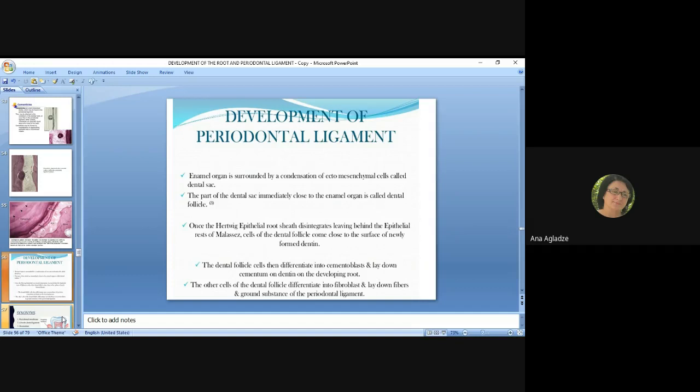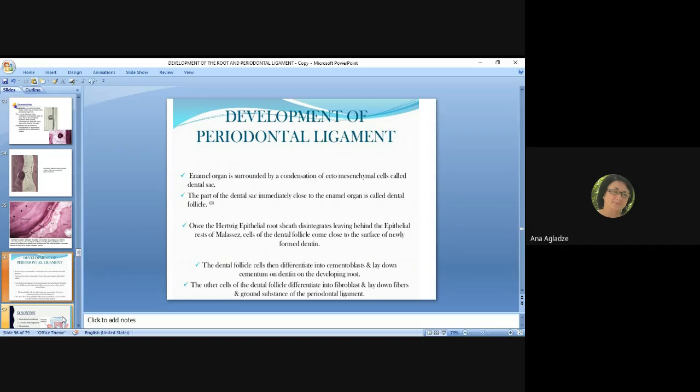Let's discuss how the periodontal ligament develops. The portion of inner cells of the dental follicle is involved in the development of periodontium. As early as the Bell stage of odontogenesis, the dental follicle is clearly distinguishable from the other connective tissue because of its fibrous and cell-rich structure around the tooth germ.